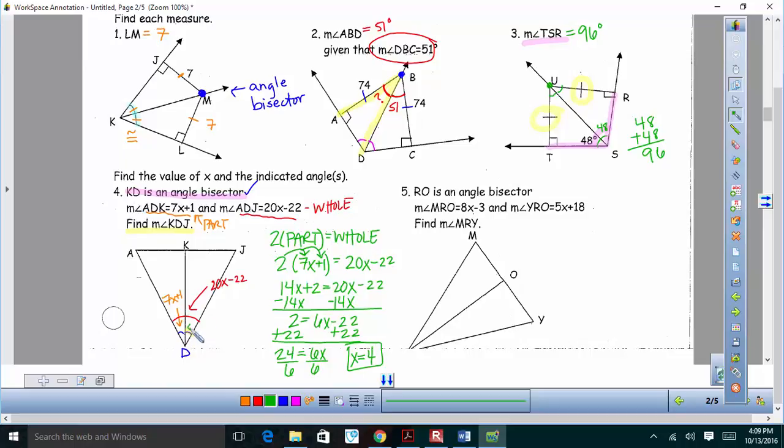So this can be 7x plus 1 as well. So we can plug in for that. We would do 7 times 4 plus 1. 7 times 4 is 28. 28 plus 1 is 29. So KDJ would be 29 degrees.